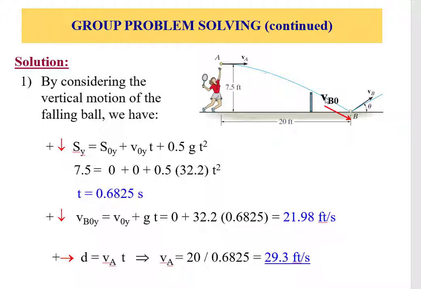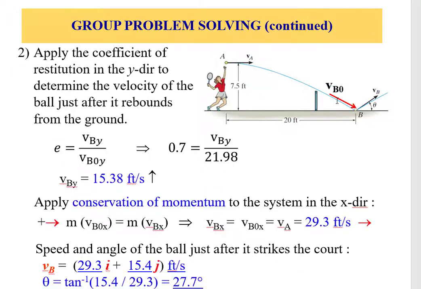VA, which is equal to VBOX, and also VBOY, which can be obtained from the equation of motion for a ball falling in a trajectory, and knowing the flight time, so you get that. So you have two components which define that motion.